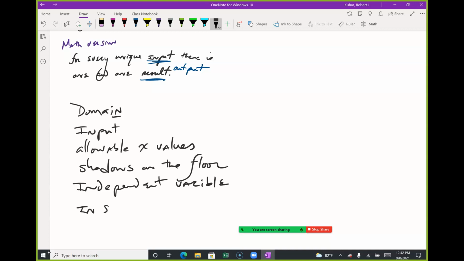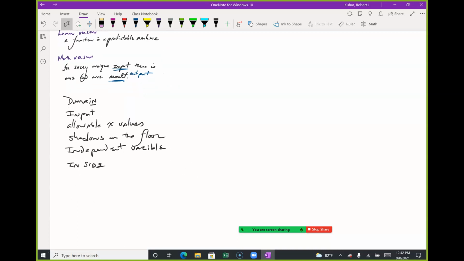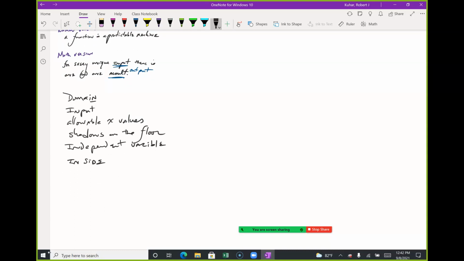And the inside. So when I talk about that, every unique input, I could be talking about any of these types of concepts with me. Some of them will be numeric, some of them will be geometric on a graph, some of them will be algebraic. So if I see my notation y equals f of x, you can really see where that inside comes from. We're talking about the in, right, what I'm putting into that function notation.